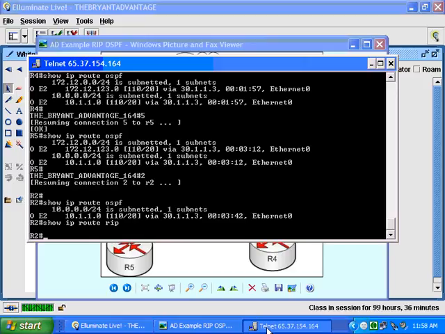But the route to 10.1.1.0 is now using R3's Ethernet interface as a next hop IP address, and it's now an OSPF route. Now, even though OSPF is thought of as a better protocol than RIP, any data sent to R2 right now to the network 10.1.1.0 is going to take a longer path.